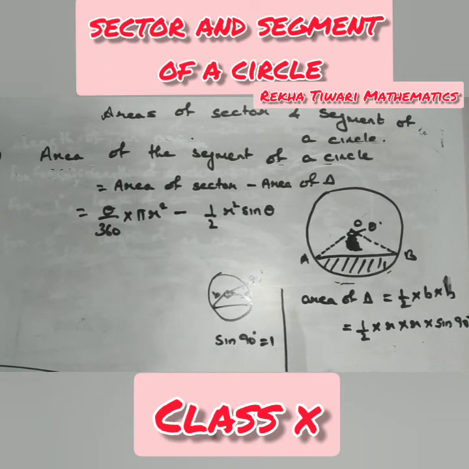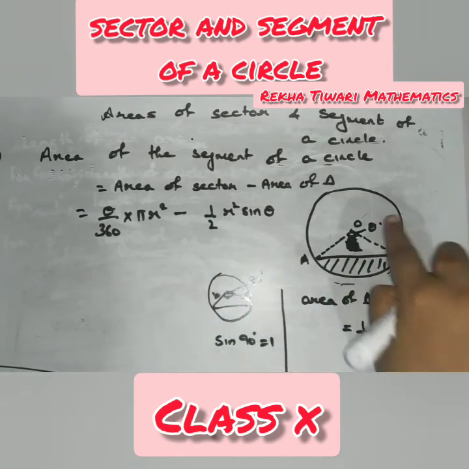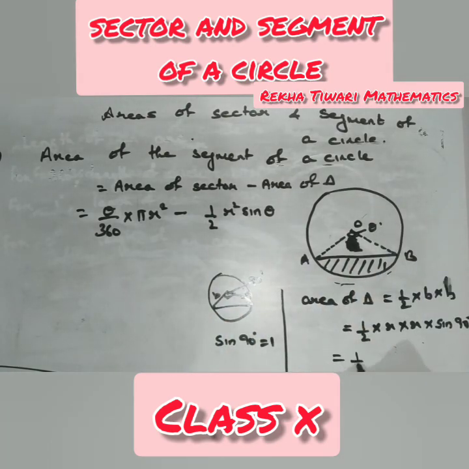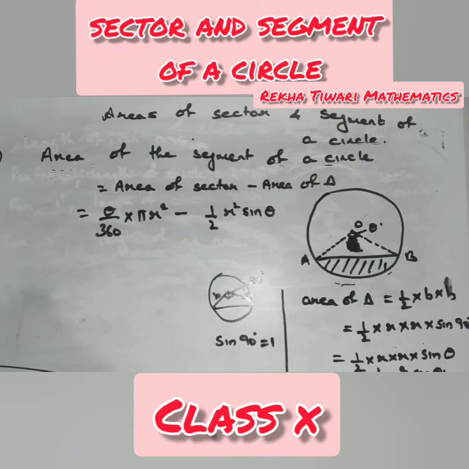In trigonometry, we have read this thing. So, if in place of 90, theta is given to you, the formula changes to half into r into r into sine theta, which is nothing but half r square sine theta. I hope it is clear now.